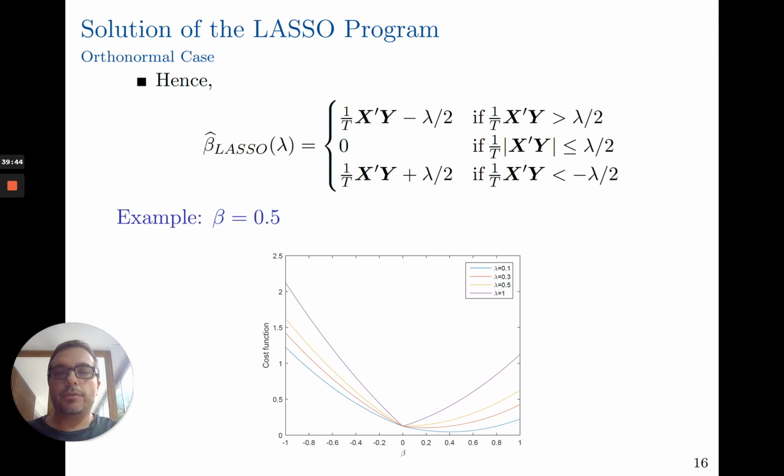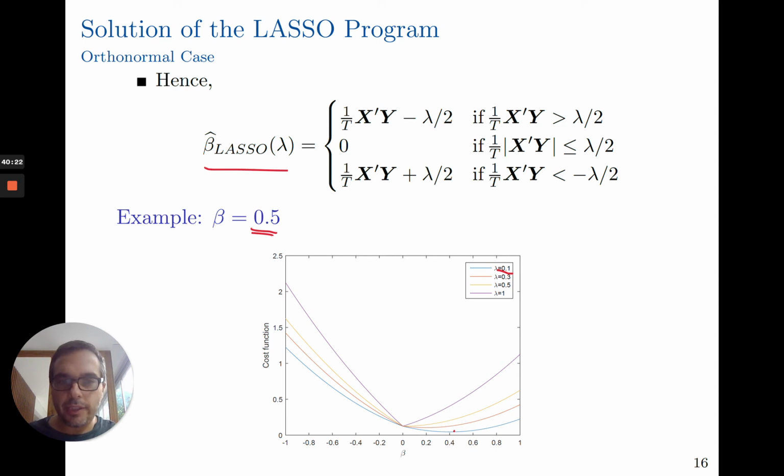So again, for this orthonormal case, we can write the beta hat lasso solution as here, and here's a plot for different values of lambda. And you see how the restriction is kicking in. The true value of the coefficient is 0.5. If you have a very mild penalty like lambda equals 0.1, the minimum here is close to 0.5.